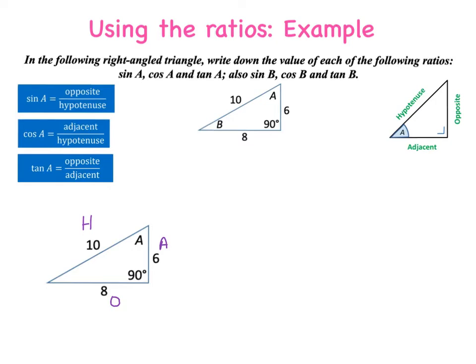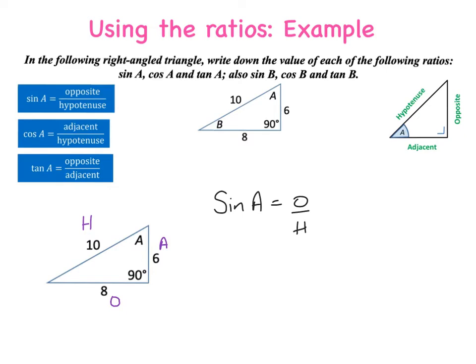Now, I'm looking for sine A. So sine A is the opposite over the hypotenuse. So very simply, all I do is I write sine A equals O over H. You can shorten it down. You don't have to write out opposite and hypotenuse every time.